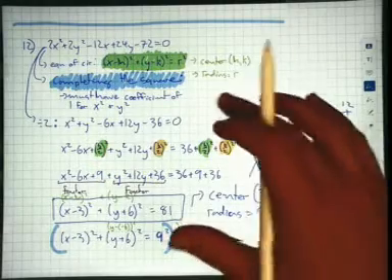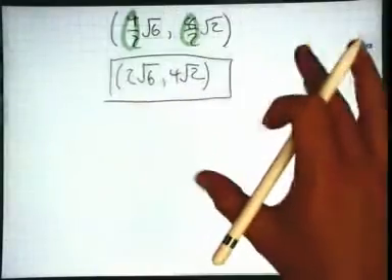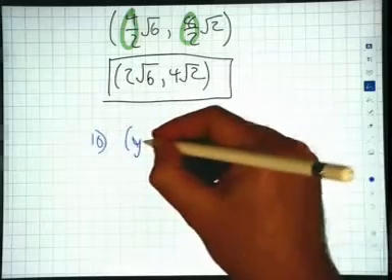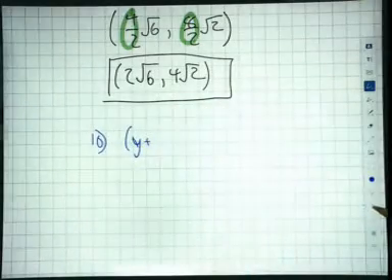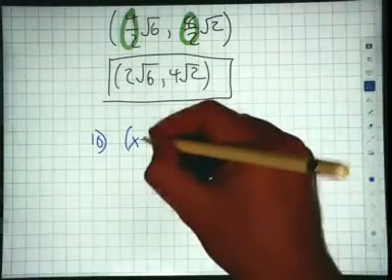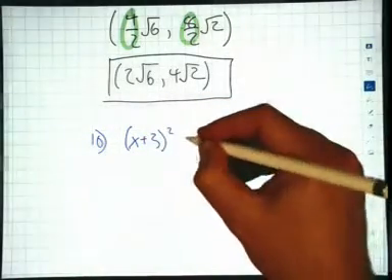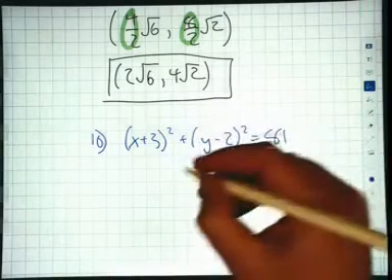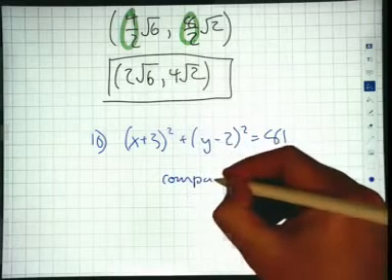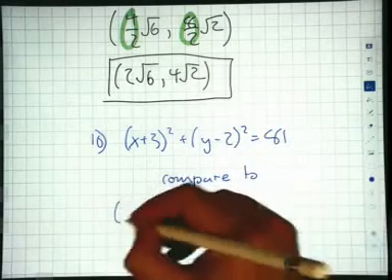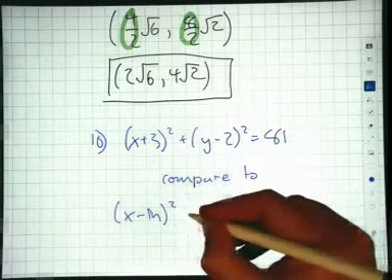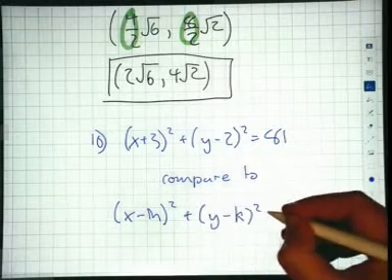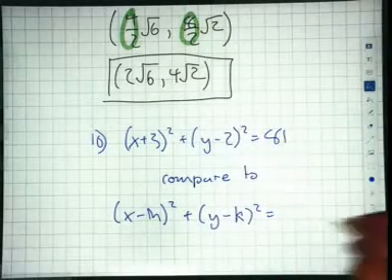Let's just go back to the question you asked about problem number 10. We have an x plus 3 plus a y minus 2 squared is equal to 81. So what I want to do is compare this to our standard form of x minus h quantity squared plus a y minus k quantity squared equals r squared.